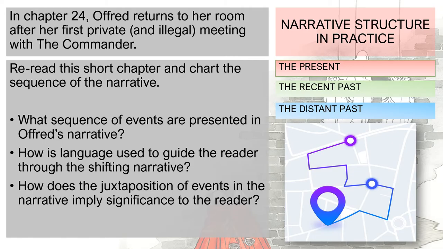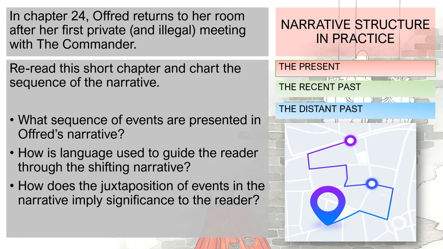Chapter 24 describes Offred returning to her room after her first illegal meeting with the Commander. So it's only a short chapter. I'd like to reread it, and I'd like to try and chart the sequence of the narrative. What is the sequence of events that are presented in Offred's narrative? Where do they shift between the present, the recent past, and the distant past?